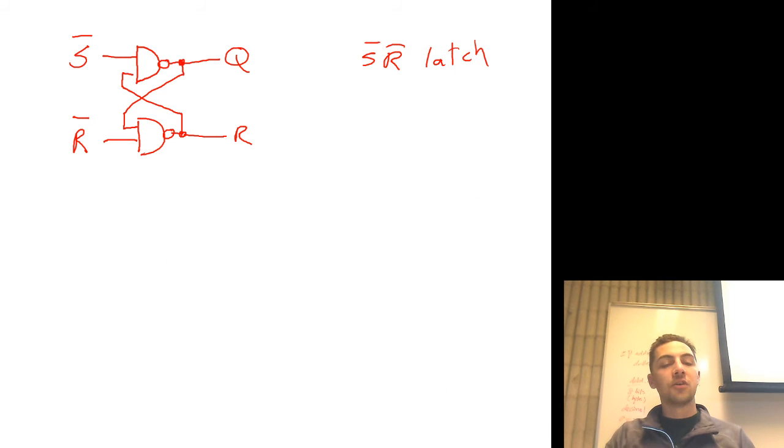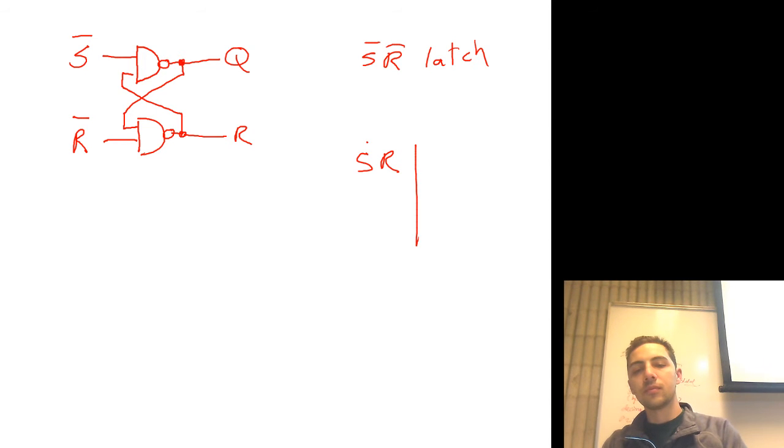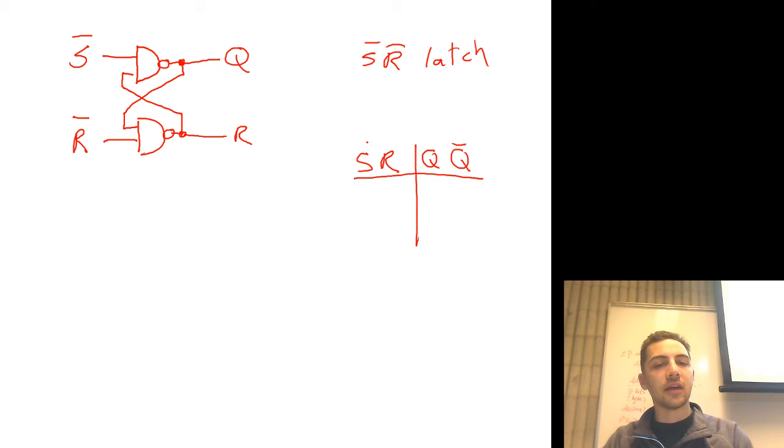Okay, so an S bar R bar latch, you might be able to see what's going on here. I don't know why I wrote R there. That was supposed to be a Q bar. Trying to go too fast here. Q bar. So here we go.